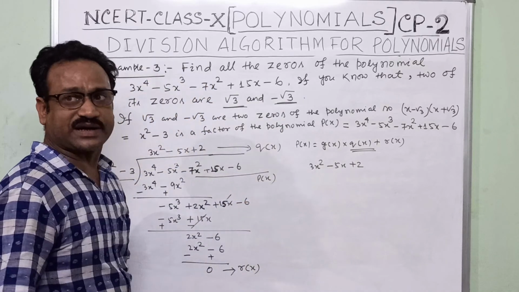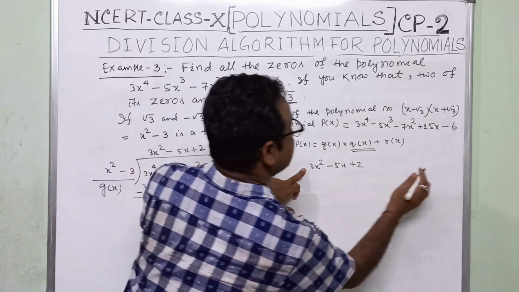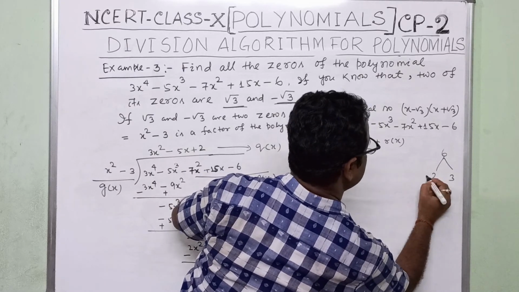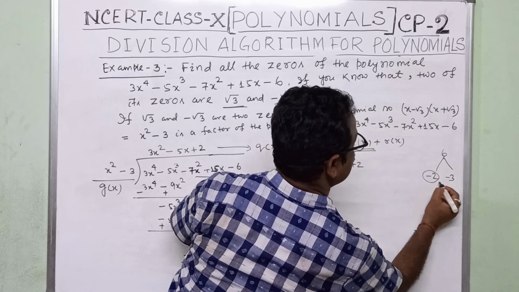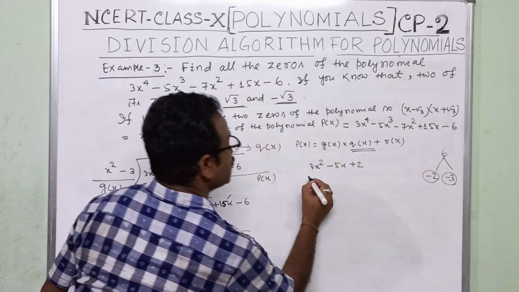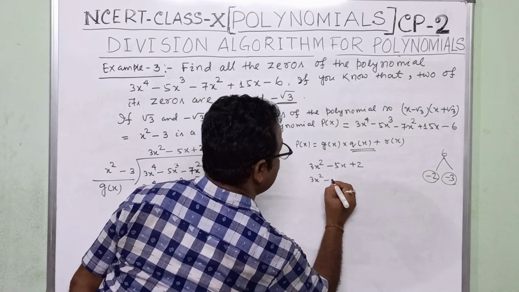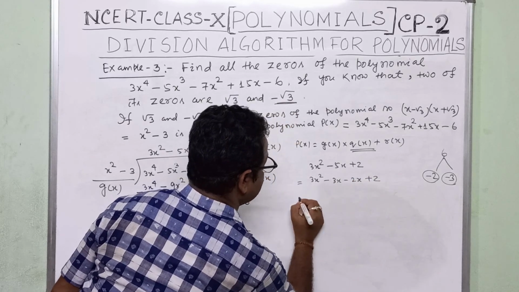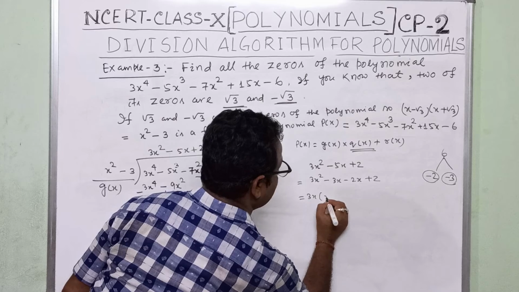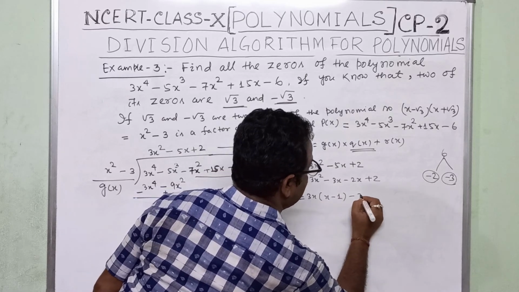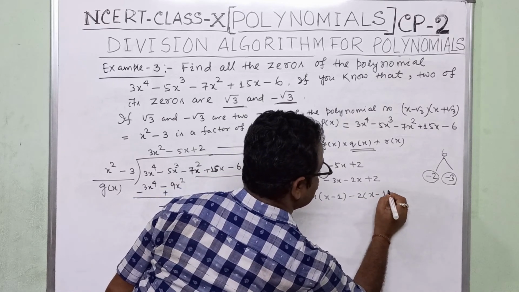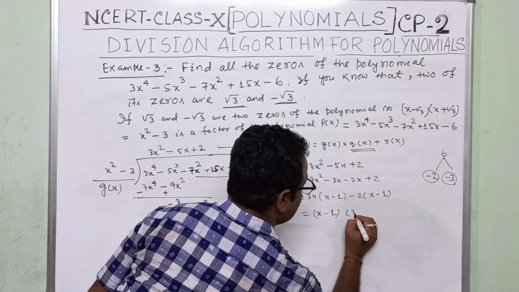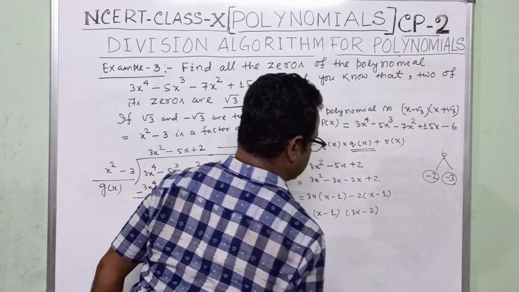By middle term factorization, I will factorize it. 3 into 2 is 6. So 2, 3. Here plus is there, so minus 2 minus 3, plus 6 will come. So 3x square minus 3x minus 2x plus 2, that is equal to 3x common (x minus 1) minus 2 common (x minus 1), that is equal to (x minus 1) into (3x minus 2).